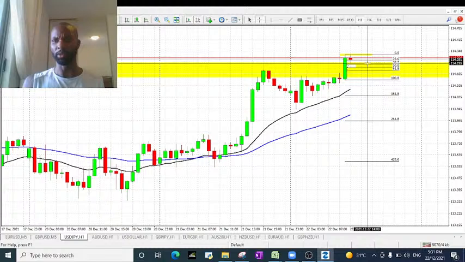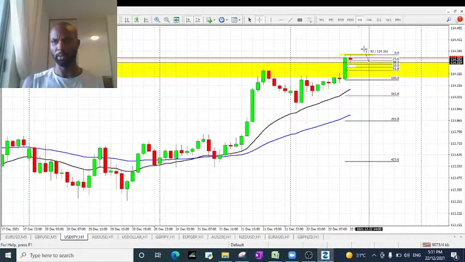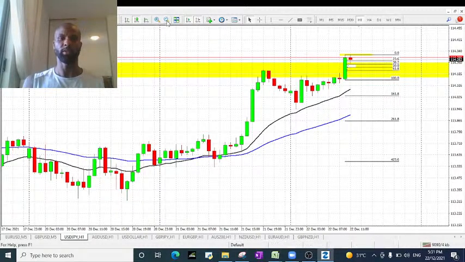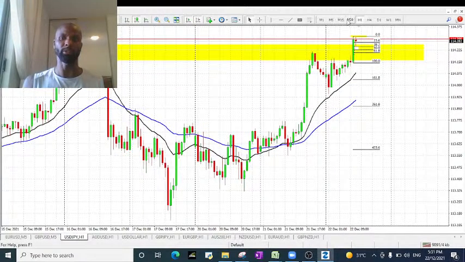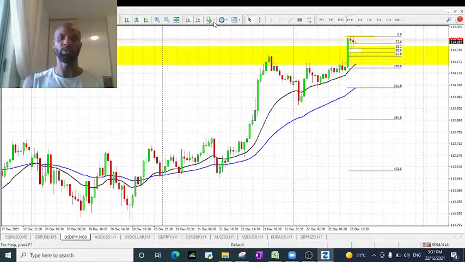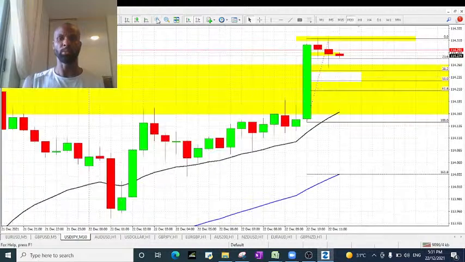I'm hoping to exit maybe somewhere here for 9 to 10 pips. There is literally nothing in front of us. So if we get that in the next half an hour, that would be great. Otherwise, we take whatever the market gives us, win or lose, and move on to the next trade.